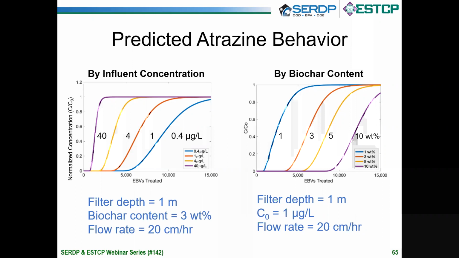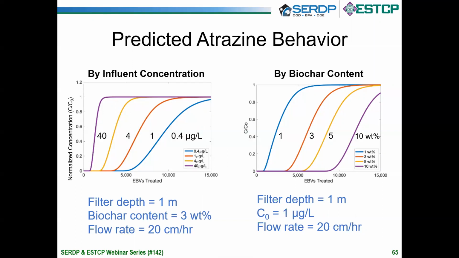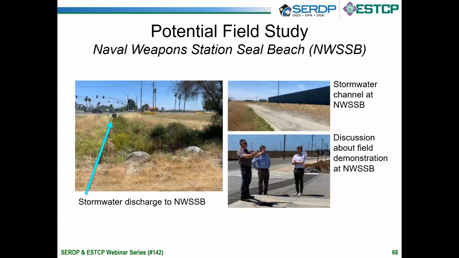So, somewhere maybe 5 to 10%, that would be the most we'd ever put in an actual facility. But what does that tell us? It says, well, we could treat, again, up to maybe 10,000 empty bed volumes. That's a long time.